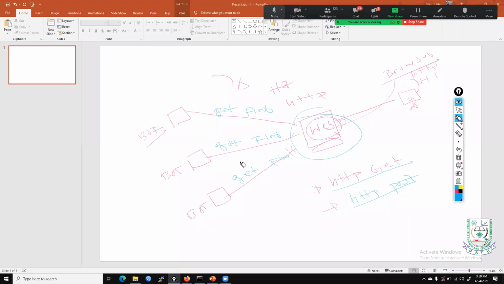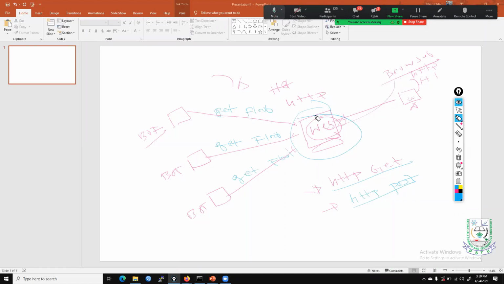So what is happening? Multiple computers or bots are sending GET requests to access web images or some other files from the compromised servers.